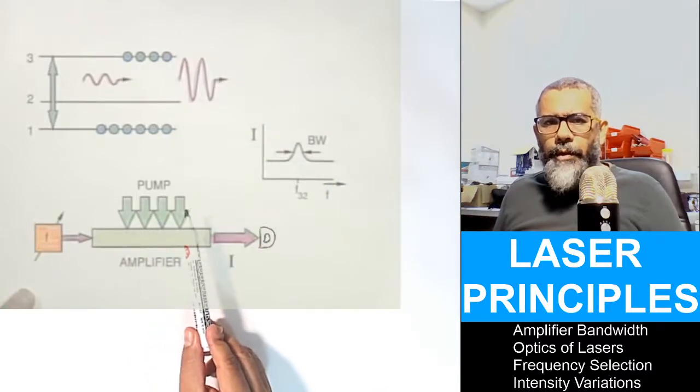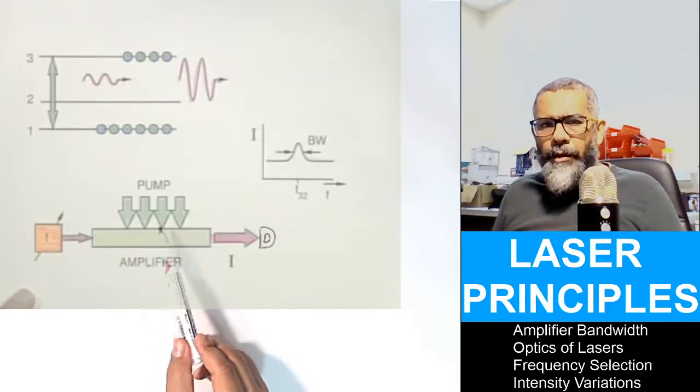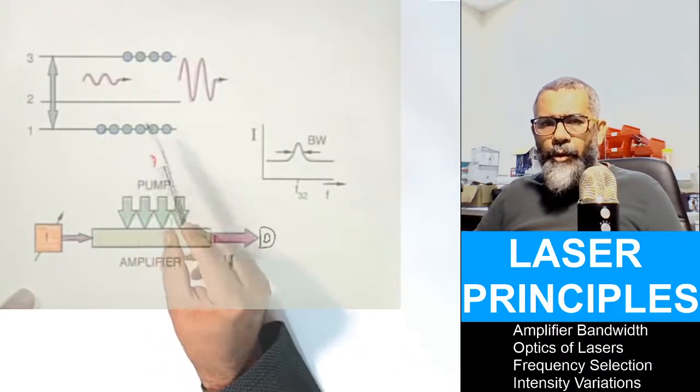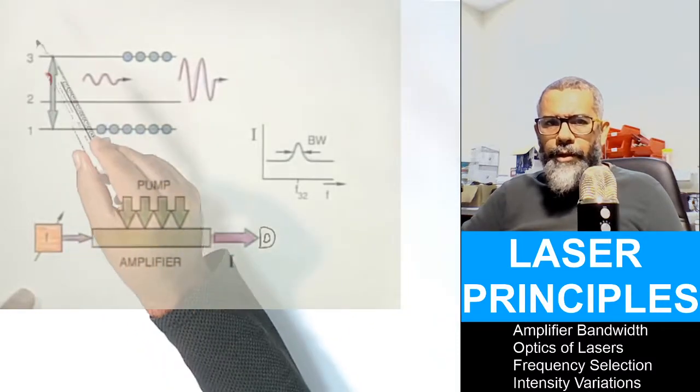some other system is providing a pump to the amplifier, so that the amplifier atoms make the 1 to 3 transition.